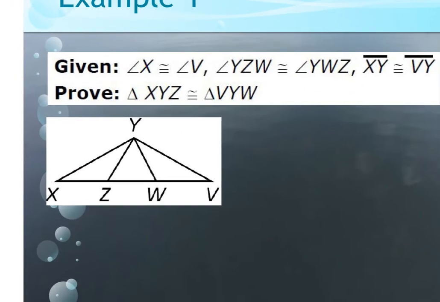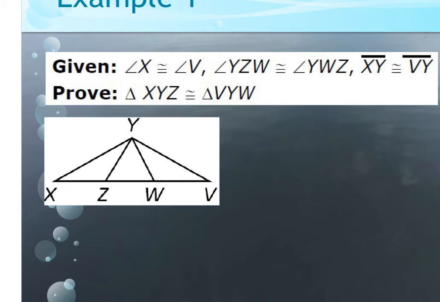So we're given angle X is congruent to angle V, okay? We have to prove that these two triangles are congruent. I'm just going to go ahead and fill in my diagram with what's given to me in the problem. So X is congruent to V. And it says that the angle YZW, let me highlight it so we can see it, Y to Z to W, that's this one right here, is congruent with YWZ.